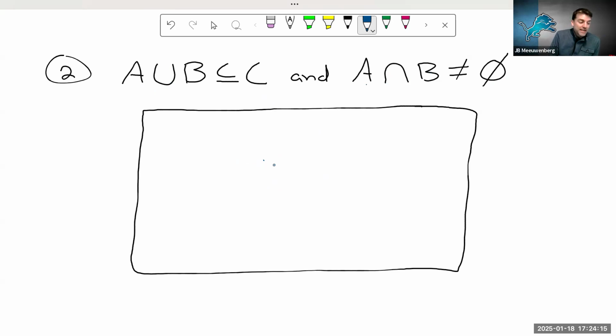So what that means is that there is an intersection point between A and B, right?